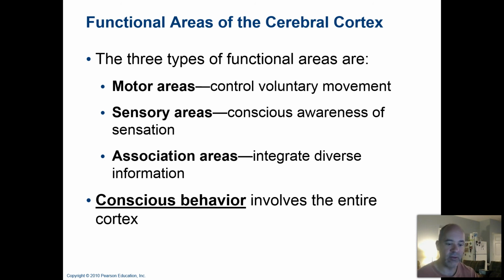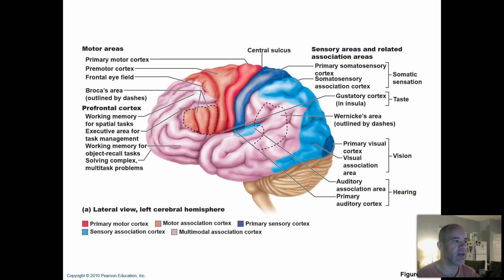You have neurons that store memories of those sounds. Your association areas have to put those two types of information together so that you recognize a sound or a voice. So all of our conscious behavior requires and involves the entire cerebral cortex. All of these different areas are very important.